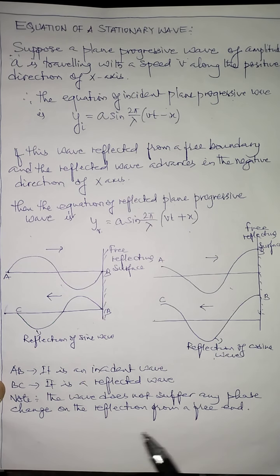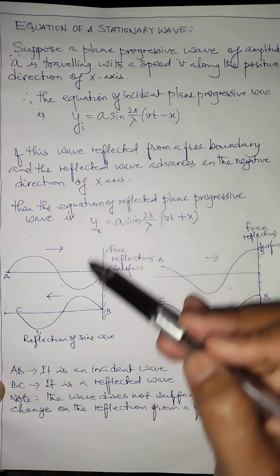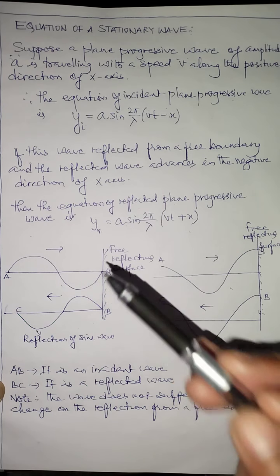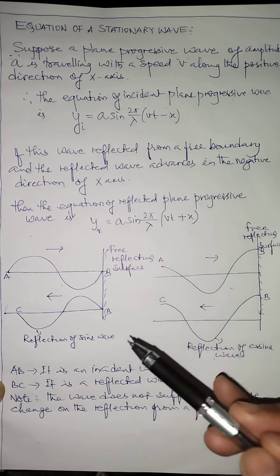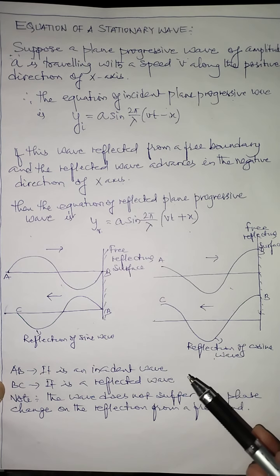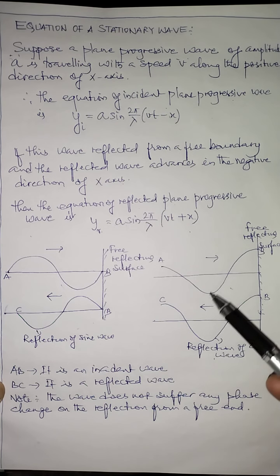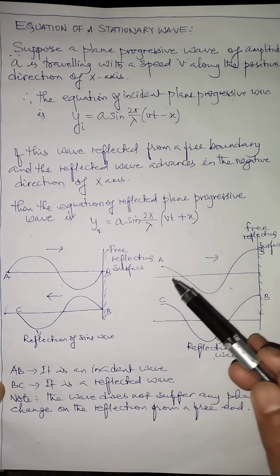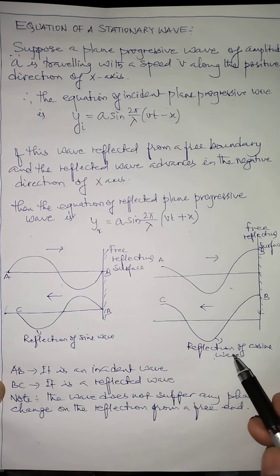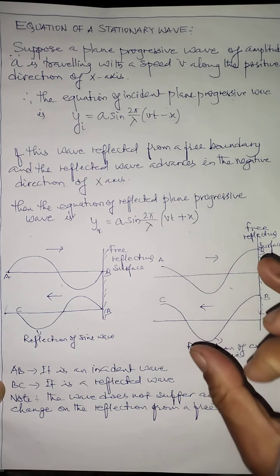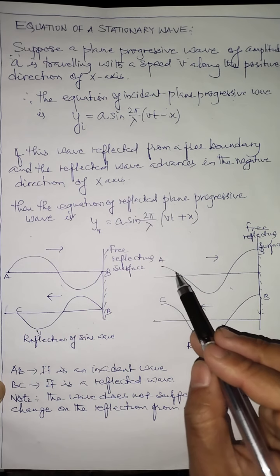So this is the case of the reflection of a plane progressive wave from a free reflecting surface, or free end. Now this diagram which I have drawn already is also a plane progressive wave, but for which function? Cosine wave. Just to show you, the cosine wave advances in the opposite direction.